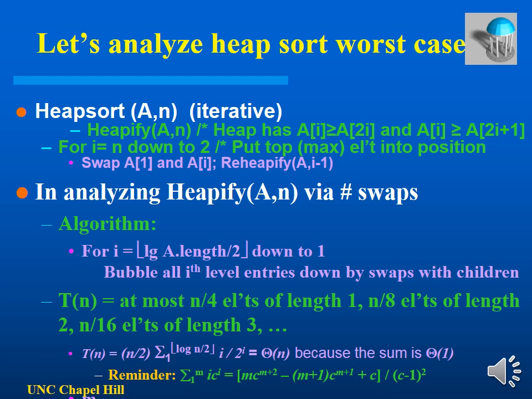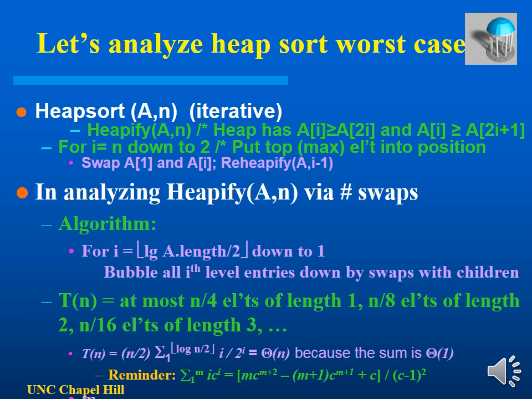Over log n levels, we have first i equals 1, length 1 work that has to be done for n over 2 to the 1. That is to say, n/4 elements. And then for i equals 2, we have 2 elements of work to do for each of n over 2 times 2 to the 2. That is to say, n/8 elements, and so on.